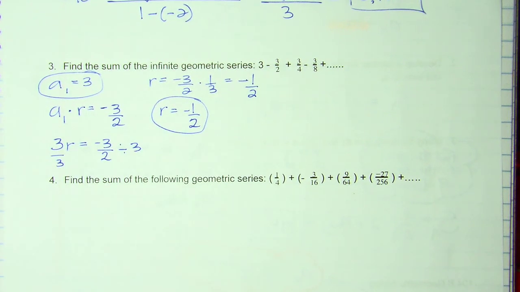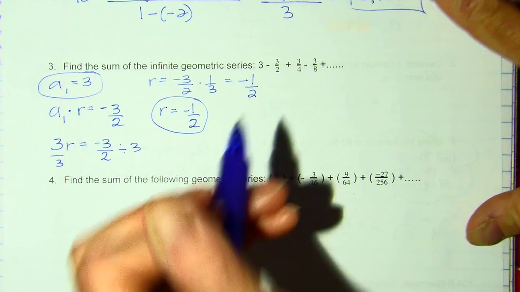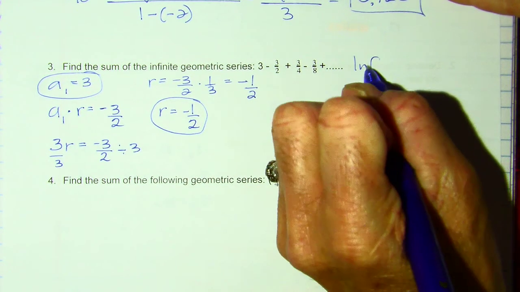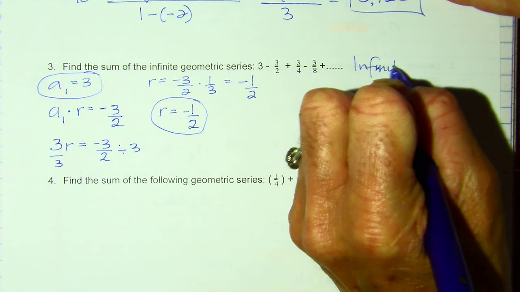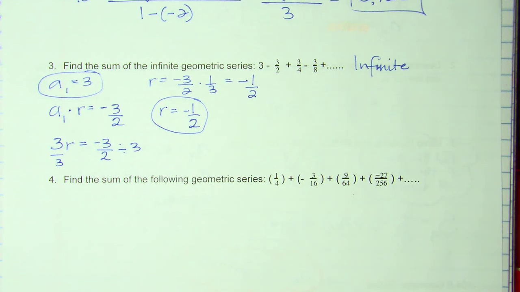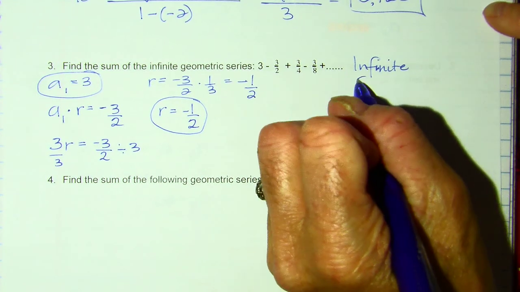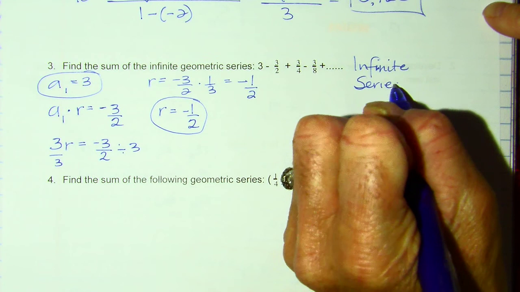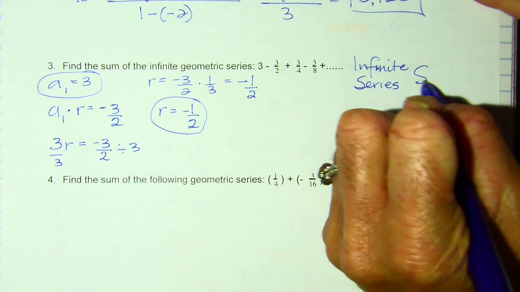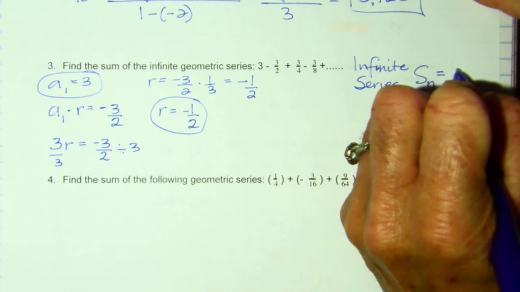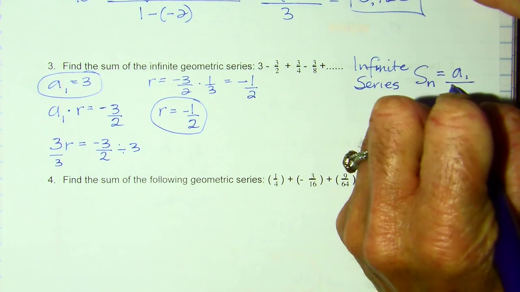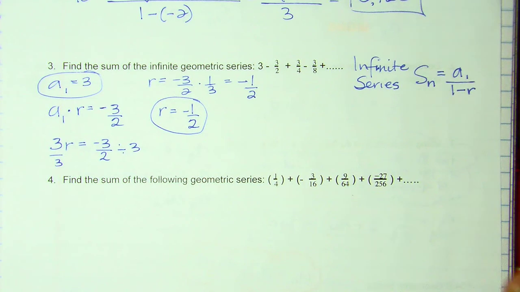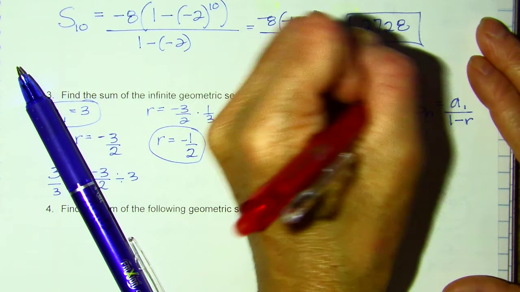The second is an infinite series, which means it's going to continue on and on and on. So in an infinite series, the sum equals the first term divided by 1 minus r.